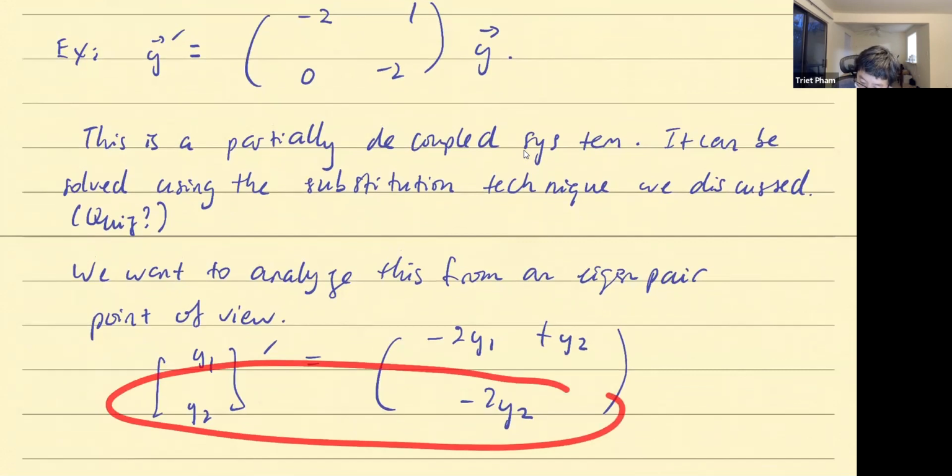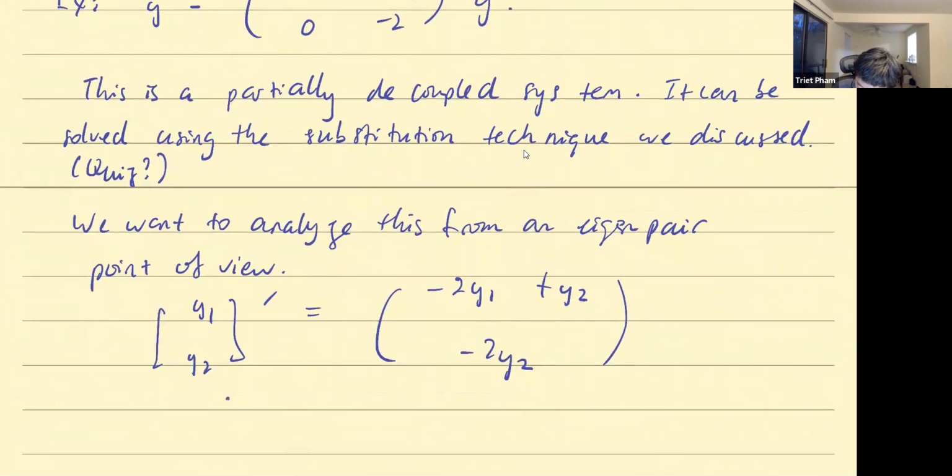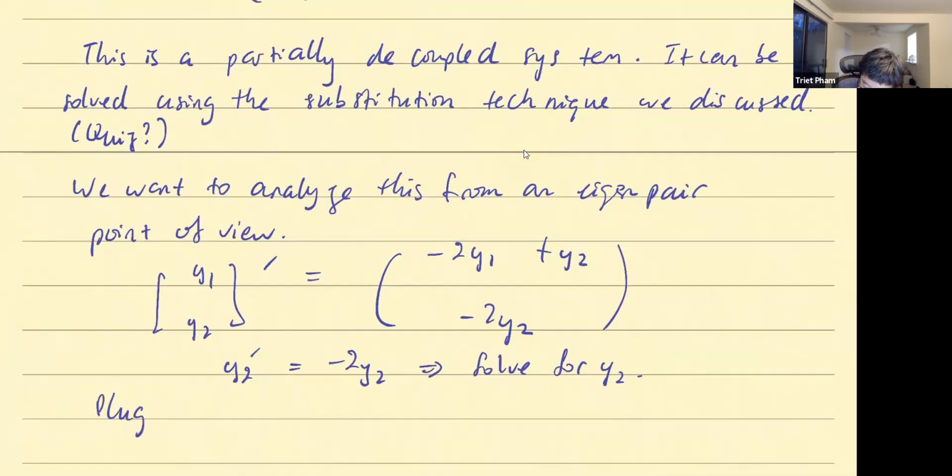The second equation only involves y2, so you solve it, then plug into the first equation, which now becomes an equation of y1 only, and then you solve it. That's the technique for a partially decoupled system.